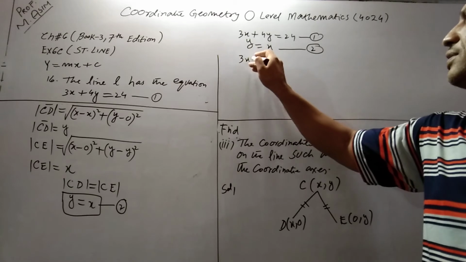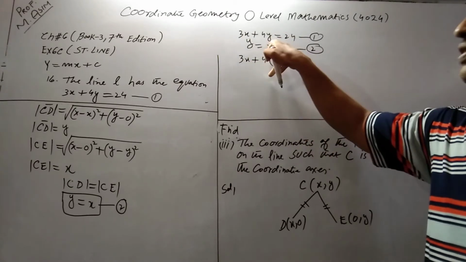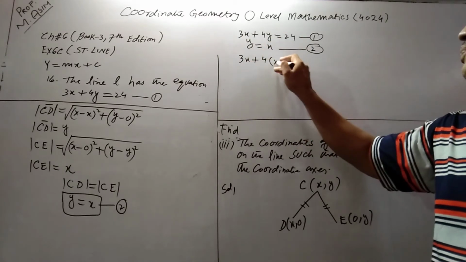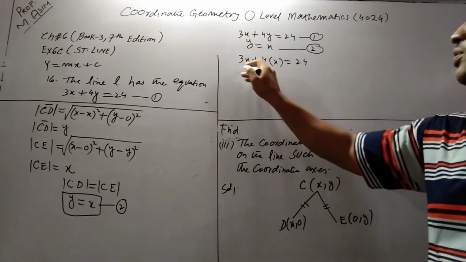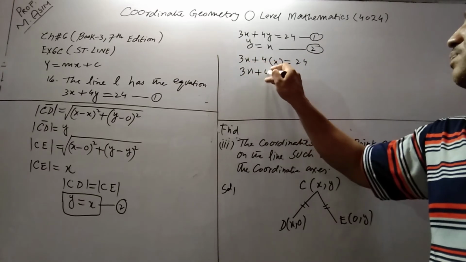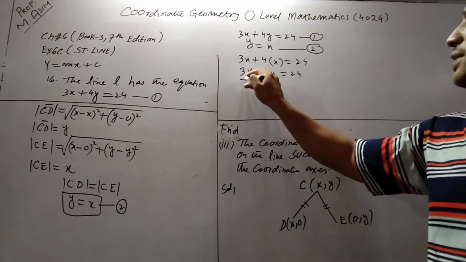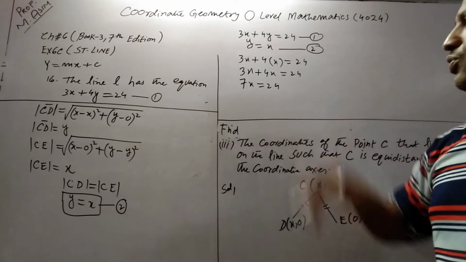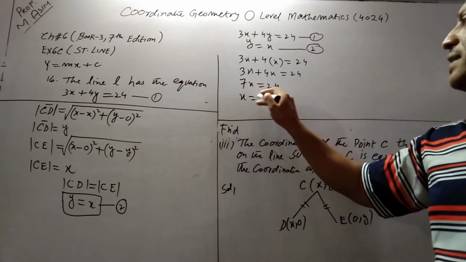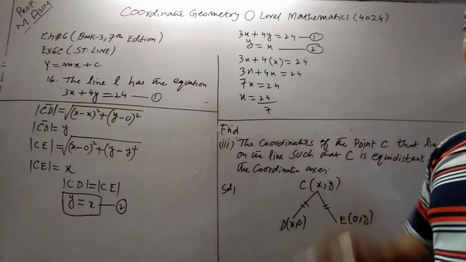So 3x plus 4, what is the value of y? Y is equal to x. So 3x plus 4x is equal to 24. 3x plus 4x is 7x is equal to 24. Then x is equal to 24 upon 7.